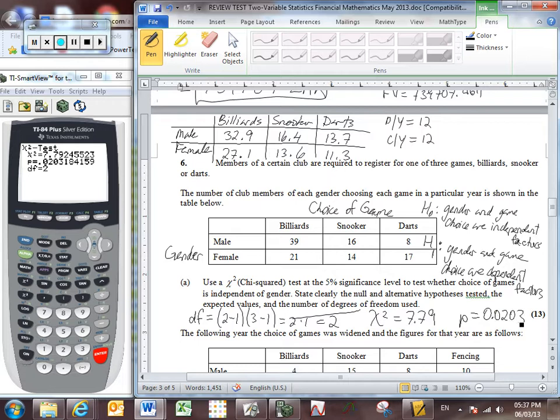Now there are 2 different kinds of chi-squared tests I can do. I can compare my chi-squared value to my critical value, which we often call k, and the critical value would have to be given to you in a question. In the old days, even last year, you would have to look it up in a table at the back of the formula booklet. Nowadays, in the new curriculum, starting with you guys, they're going to give you the critical value.